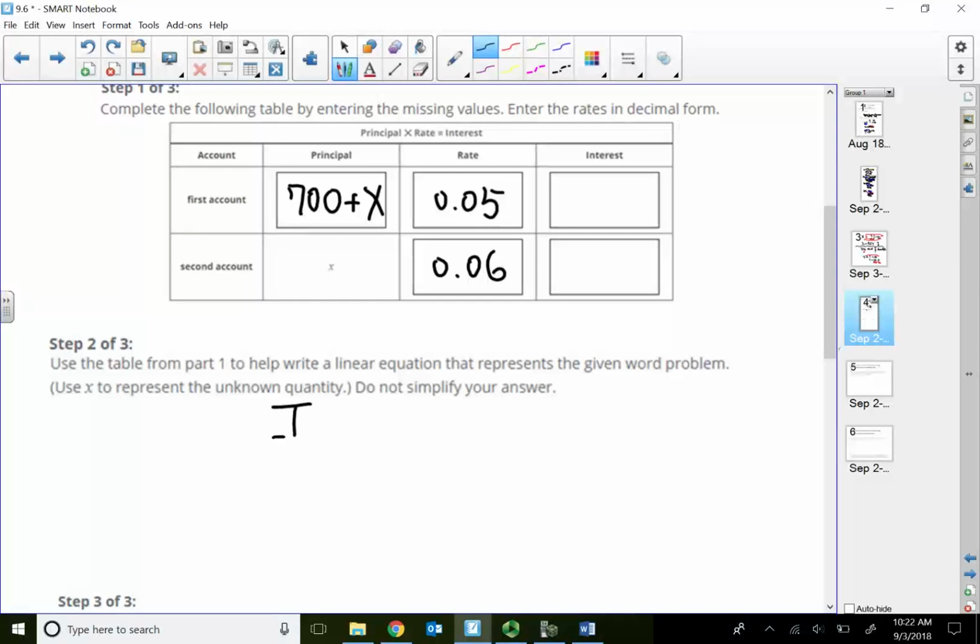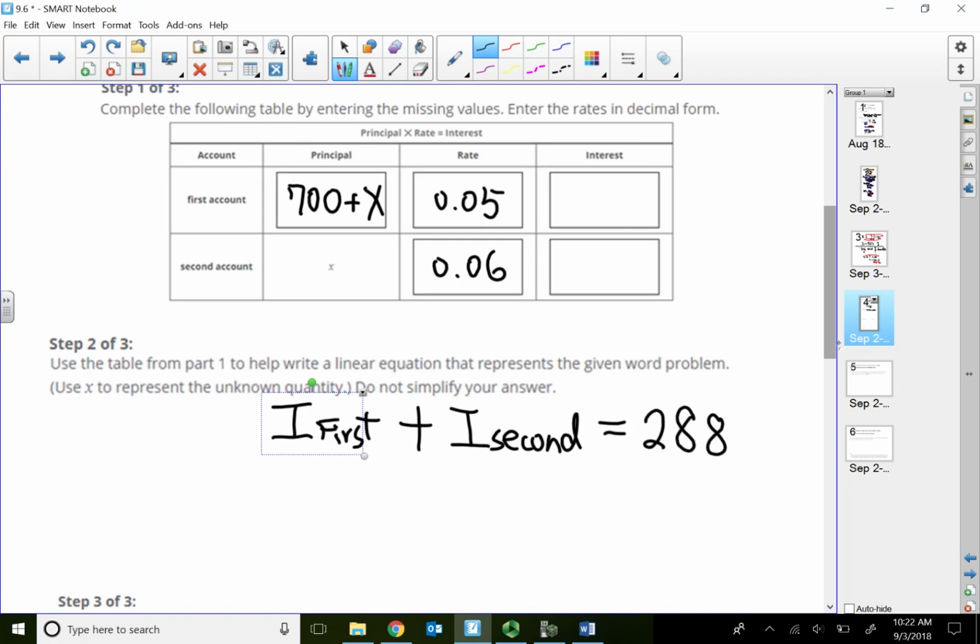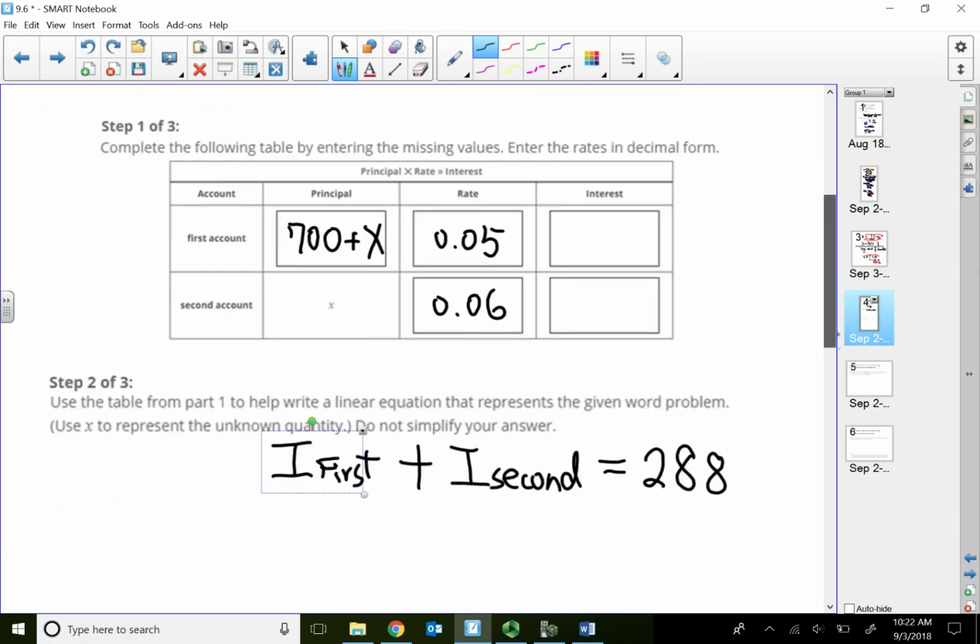The interest from the first account plus the interest from the second account. I invest money in one account, and at the end of the year I get some interest. I invest money in another account, and at the end of the year I have some interest. And the two accounts' interest together is 288. That's the concept we needed to write out the equation.